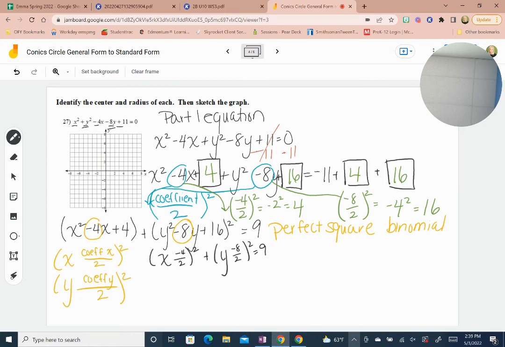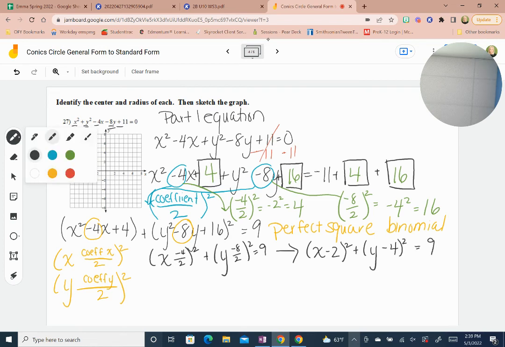Okay, now we just simplify. -4 divided by 2 is going to give us a -2, so x minus 2 squared plus y, -8 divided by 2 is -4, so y minus 4 squared is equal to 9.